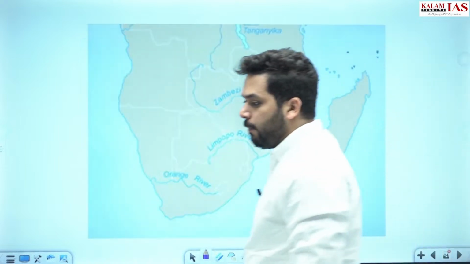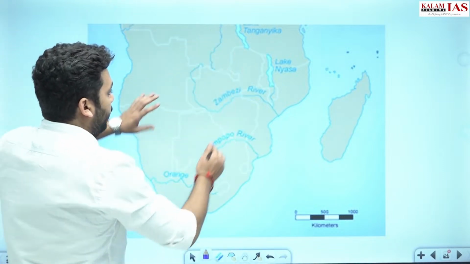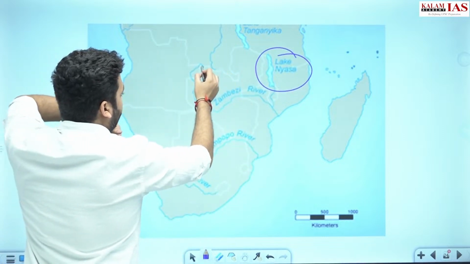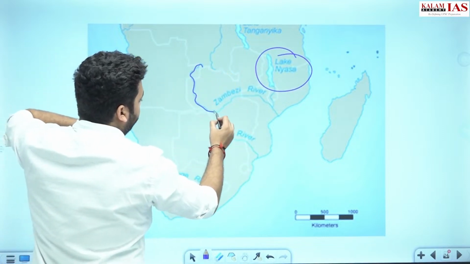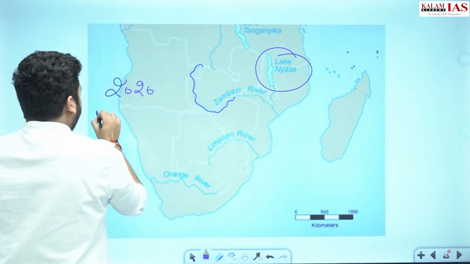These are the other few important rivers in the southern region of Africa. This is Lake Nyasa. The important rivers are the Zambezi River, which was already asked in the 2020 prelims.